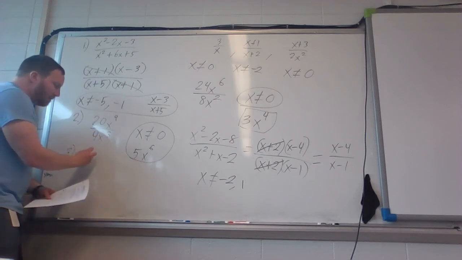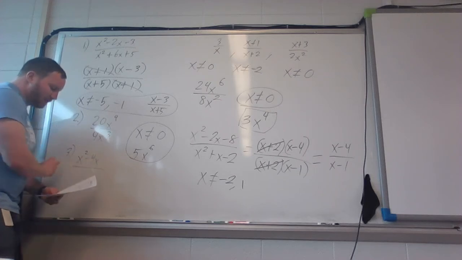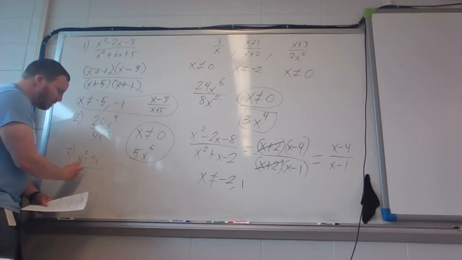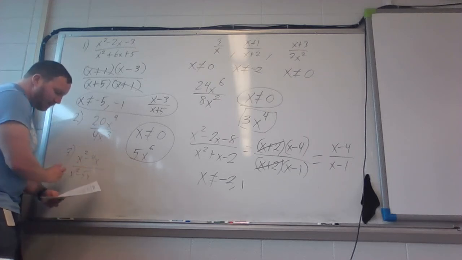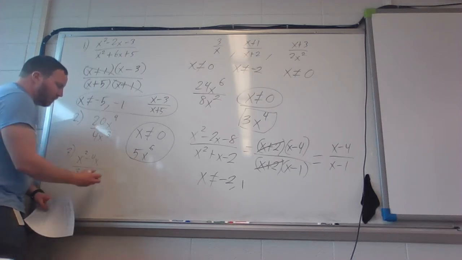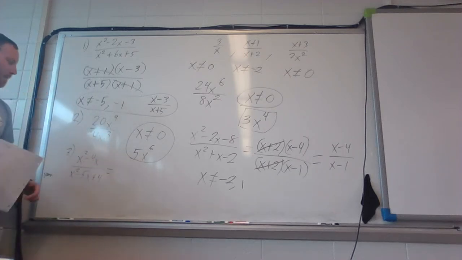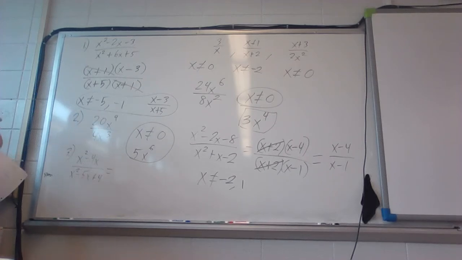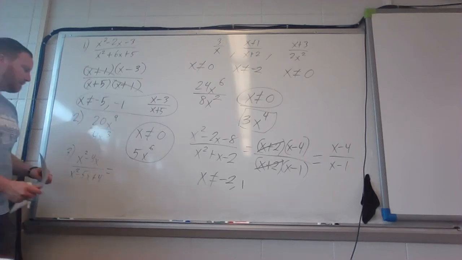We've got x squared minus 4x divided by x squared minus 5x plus 4. What does that numerator factor into? X plus 2.